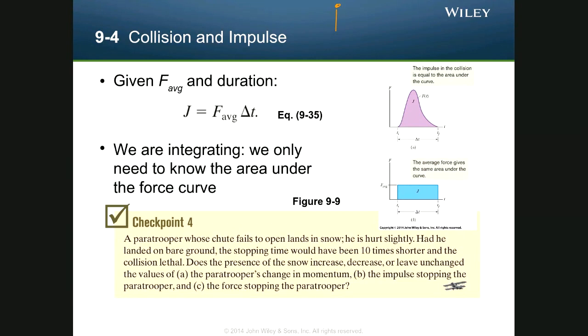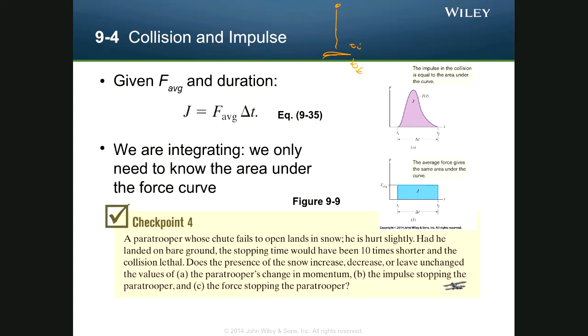Right before the person hits the ground, we start our stopwatch, because we're interested in the collision. So we want Ti to occur as close to the collision with the ground as possible. And as soon as we stop moving, or the collision is over, or we are not interacting with the surface anymore, that's T final. So these are going to be very short intervals in practice.